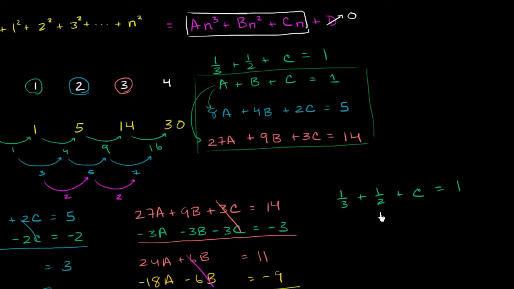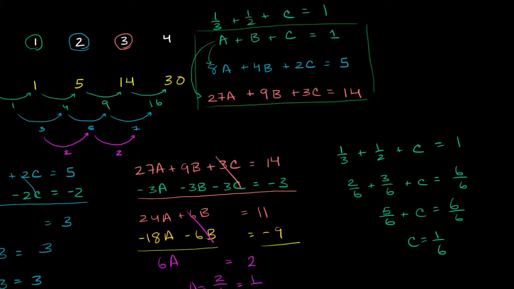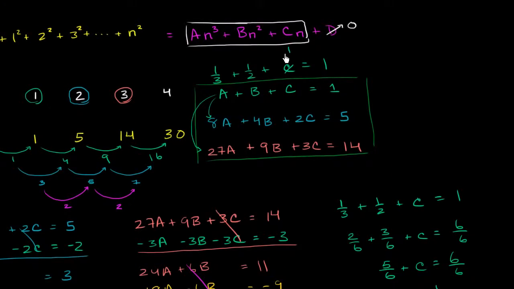If this is 1 over 1, it's going to be 6. So I can rewrite this as 2/6 plus 3/6 plus C is equal to 6/6. 1 is the same thing as 6/6. So this is 5/6 plus C is equal to 6/6. Subtract 5/6 from both sides. We get C is equal to 1/6. So C is equal to 1/6.